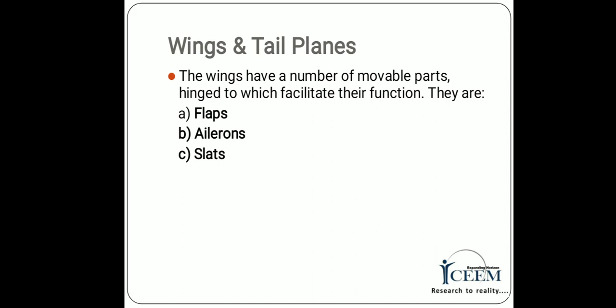It consists of two parts, the vertical part, which is also referred to as the fin, and the horizontal part, which is also referred to as the stabilizer. The stabilizer and the fin both have movable parts which enable movement of the aircraft nose.